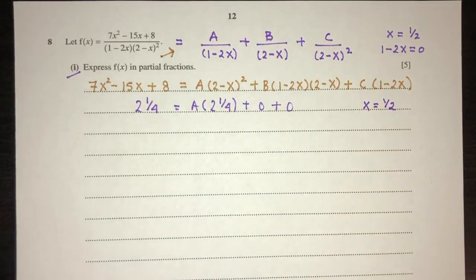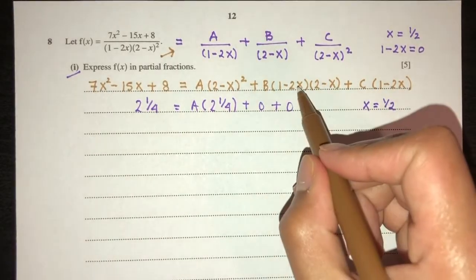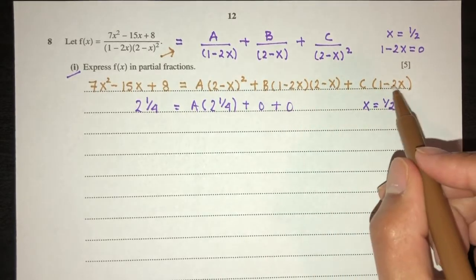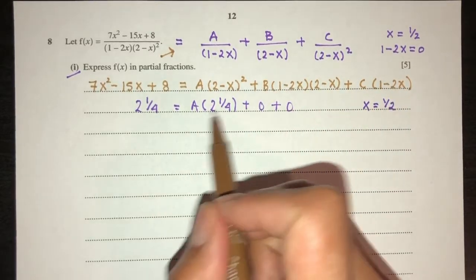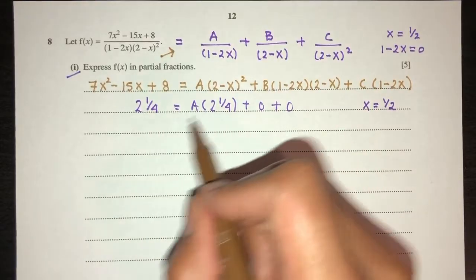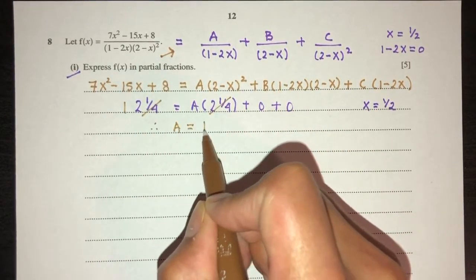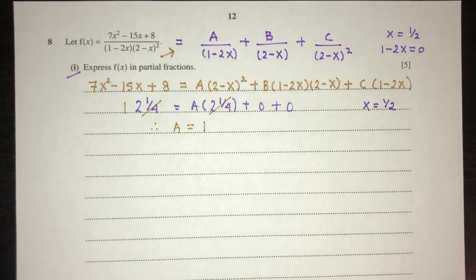Okay, so if you test, you put half here, 1 minus 1 is 0, 0 times this will be 0, so this is also 0, so we have only these two values. So here we can just cancel out, so A is equal to 1. That is the first value that we have.